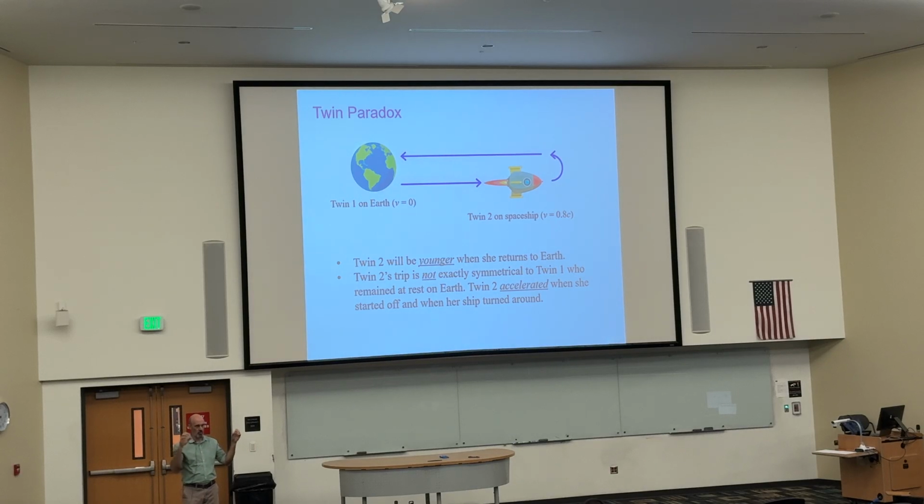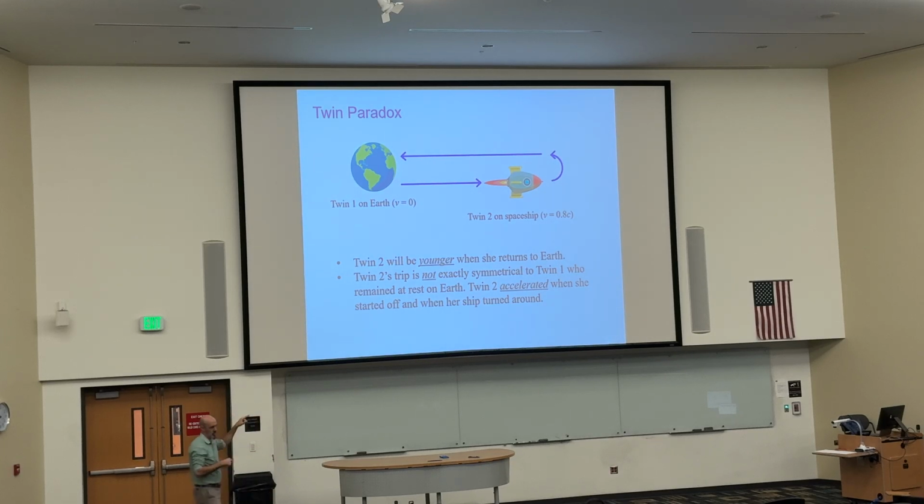One reference frame is traveling at v relative to the other reference frame. So from the perspective of each observer, it's the same thing. Each of them sees the other one traveling away at half the speed of light. And so they both see each other's clocks ticking slower.